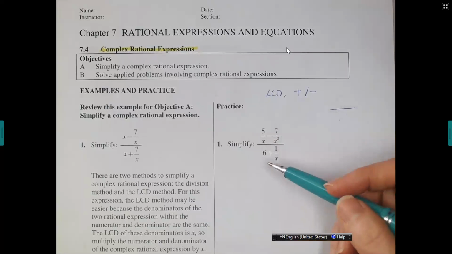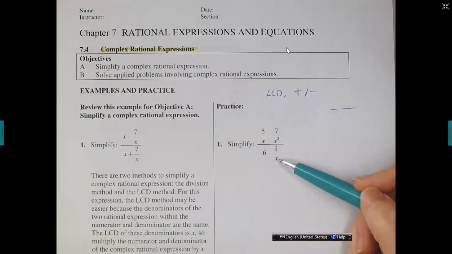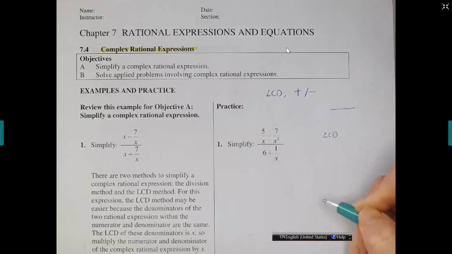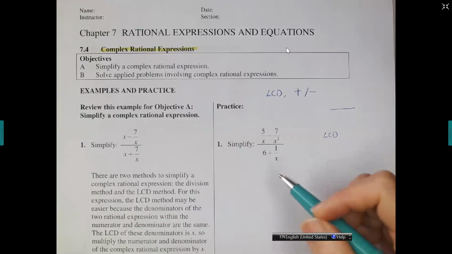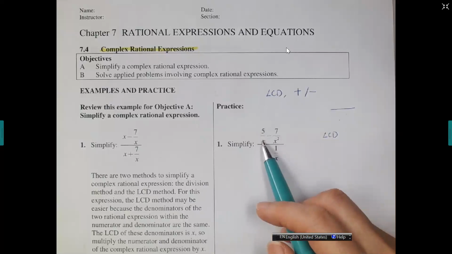So how do we simplify a complex rational expression? We just need to follow a couple of steps. Number one, look for the least common denominator of all the denominators within this rational expression. So look at what we have here. We check the numerator and denominator respectively.